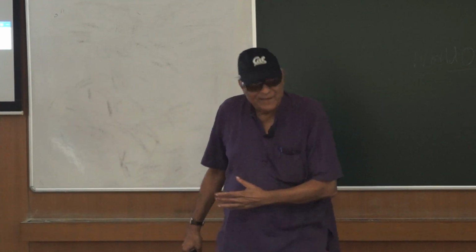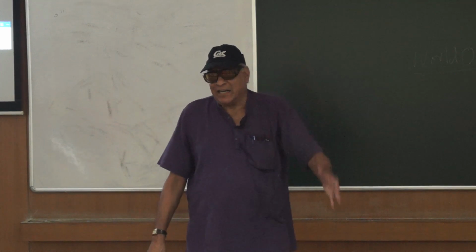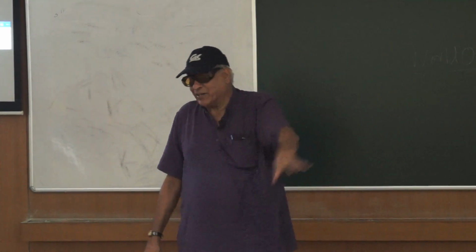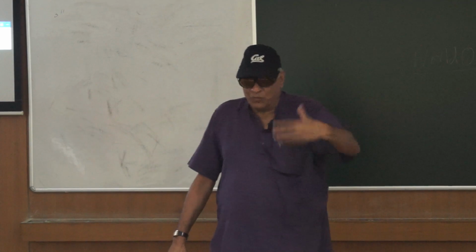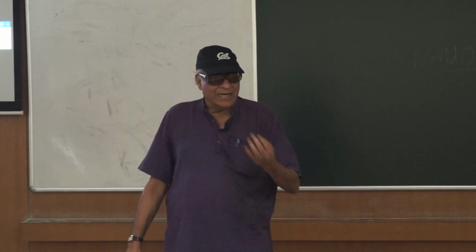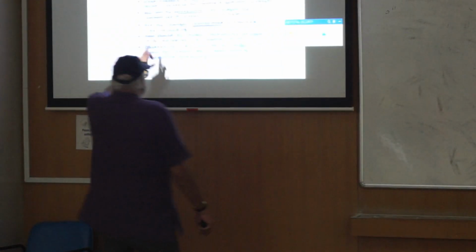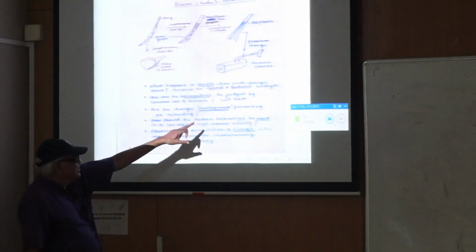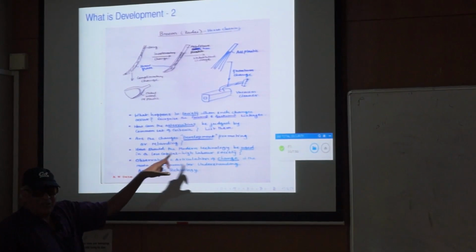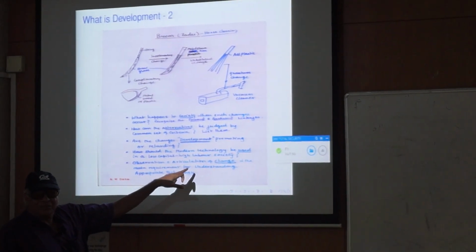That's the question. So you will do multi-criteria analysis. Now in the appropriate technology class, we do teach a formal method for doing this. It's called analytic hierarchy process. Alright. So then it will tell you, are the changes development promoting or development retarding?